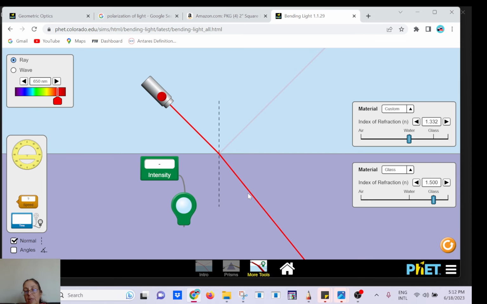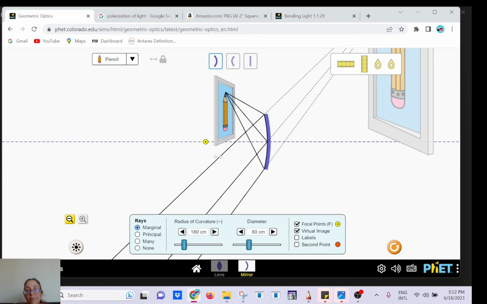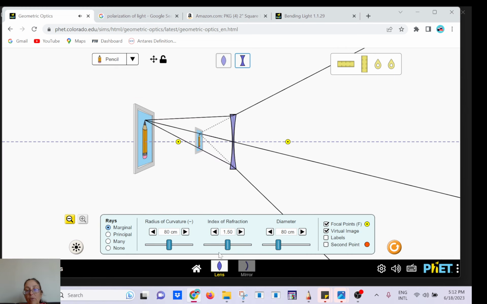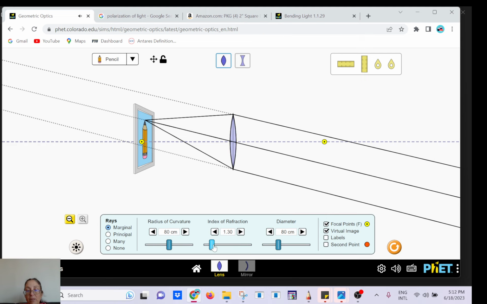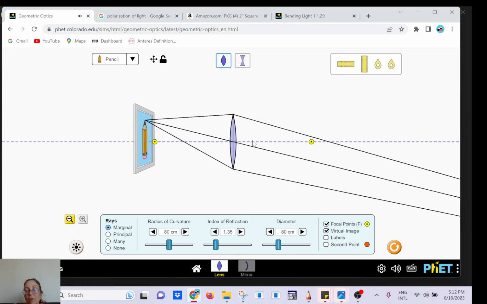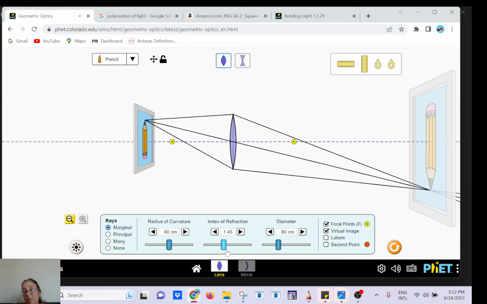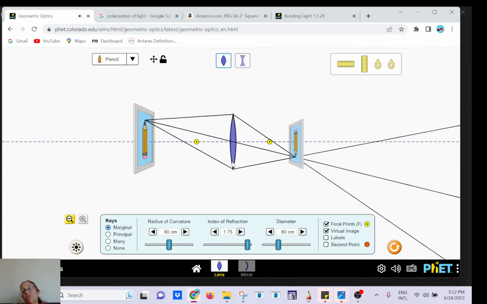So if we are talking about a converging lens like this one, what does it mean that the lens is less refractive? When the lens is less refractive, you decrease the index of refraction. The result will be that you increase the focal distance. If a lens is more refractive, then you decrease the focal distance, right?